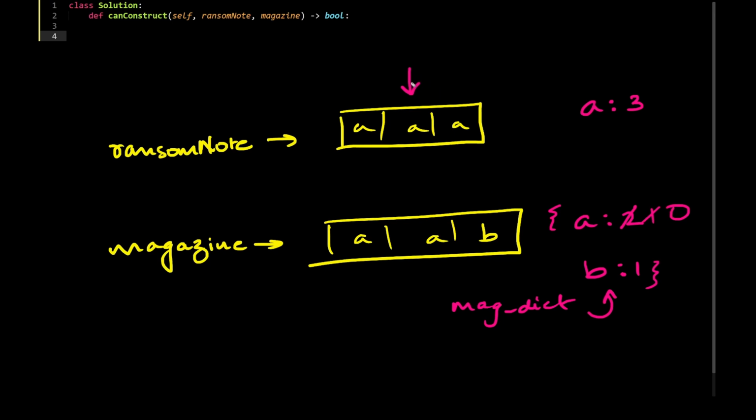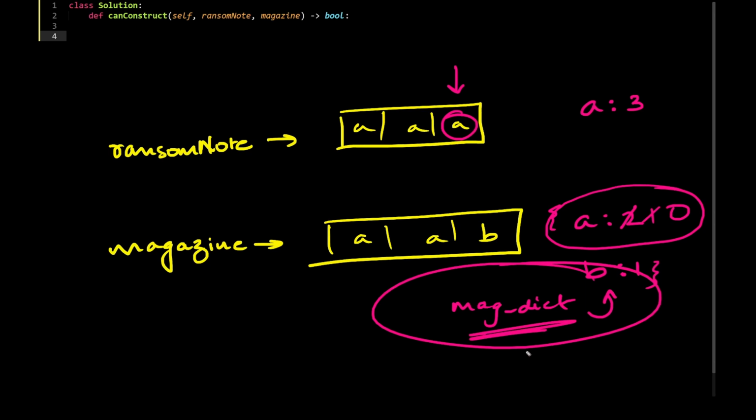So as soon as the pointer is over an element that has the value 0, in such a situation you have to return false, because this would imply you have already used 2 A's before, there is not a third A that you could use, therefore you cannot construct ransomNote from magazine. So in this case, we are making use of only one dictionary, that is magazine dictionary. So this is a better or more optimized solution in terms of memory.